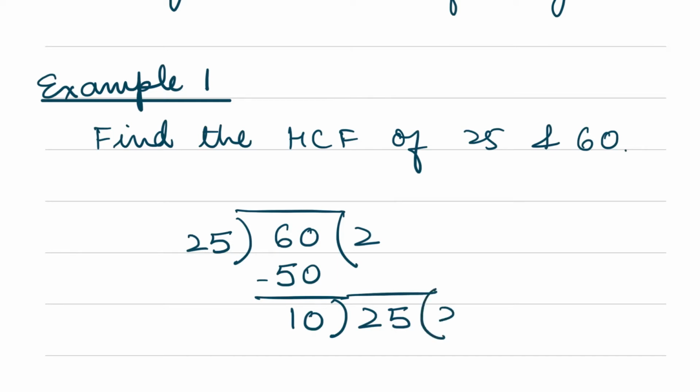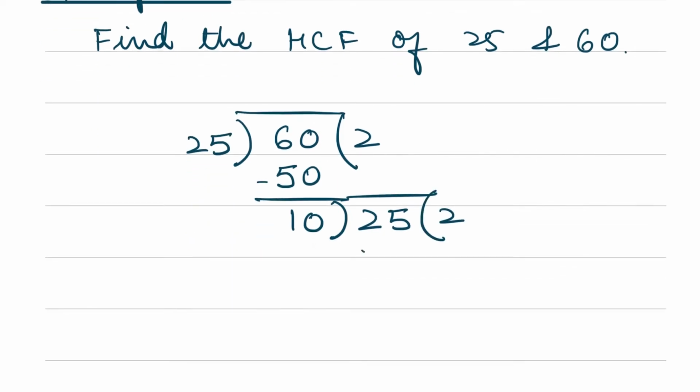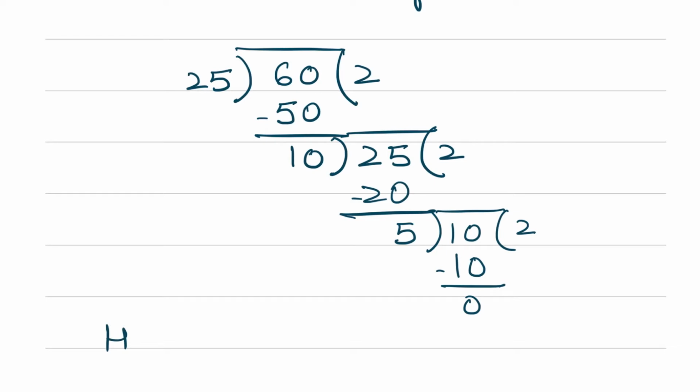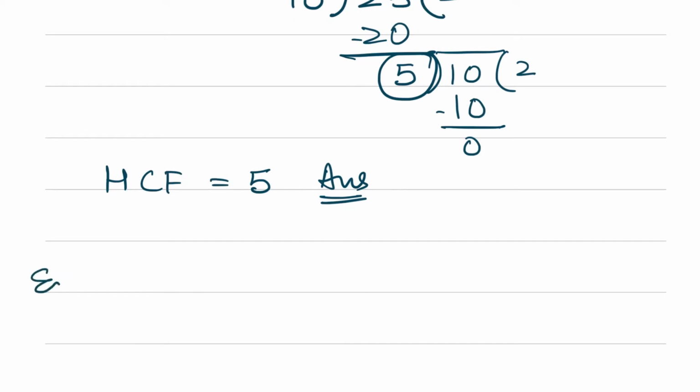So we have 2 times 20, then we have 5 here. Now again the previous divisor becomes the dividend. So 10 here and 2 times 10. So we get here the remainder as 0. So the HCF is the last divisor. So HCF is equal to 5. That's the answer. Let's take another example.